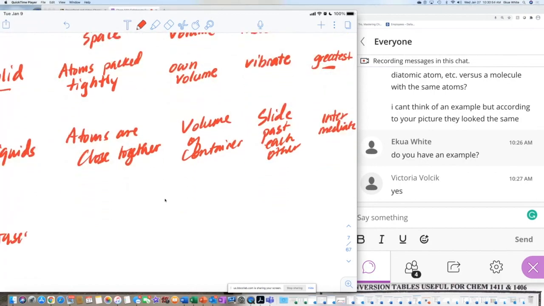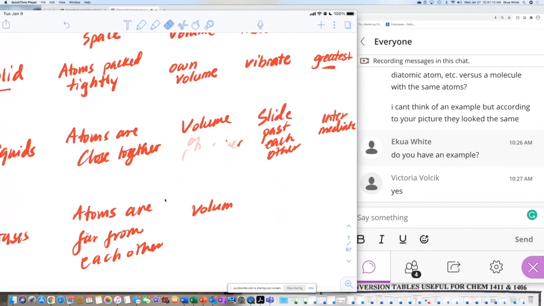With gases, atoms are very far from each other. They also take on the volume. Oh, sorry. Liquids have their own volume, my bad. Liquids have their own volume, but they don't have their own shape.